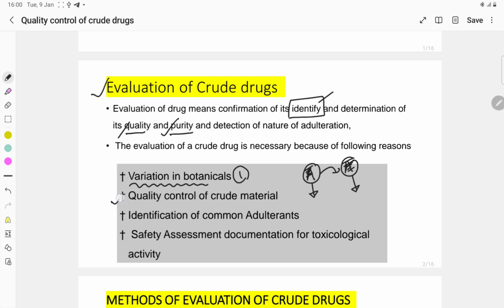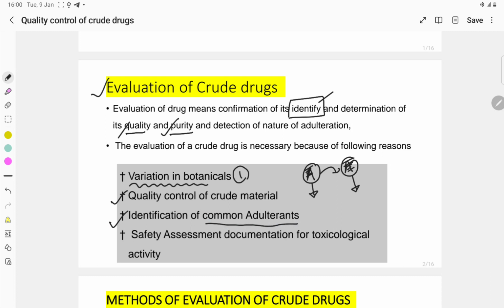The second important thing is to determine the quality control of the crude drug, because evaluation helps you know the quality of the drug, whether it is good quality or bad quality. Third is identification of common adulterants.